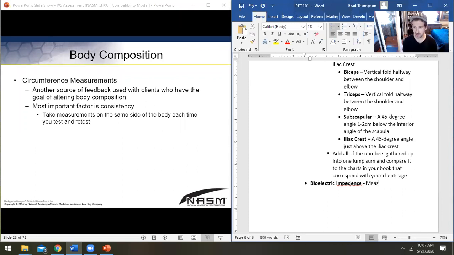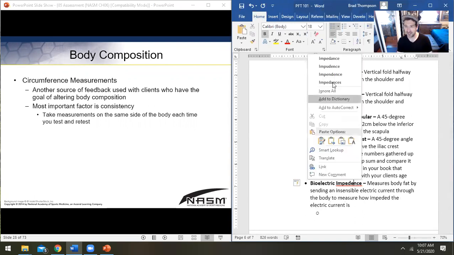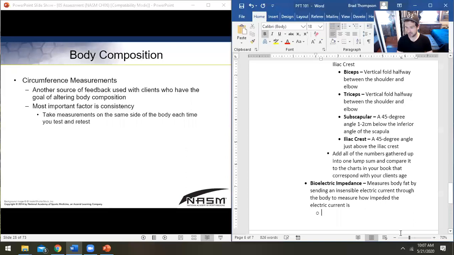And that is going to measure body fat by sending an insensible electric current through the body to measure how impeded the electric current is, right? So the idea behind that, just to make sure it makes sense to everybody, is we know that electricity travels through water really, really quickly, but it travels through oil or lipids very, very slowly, right?